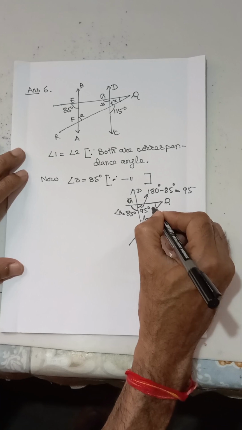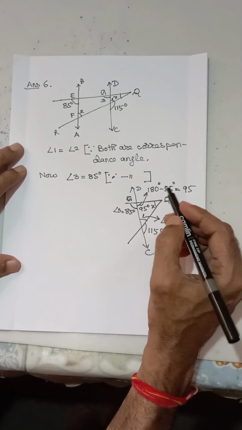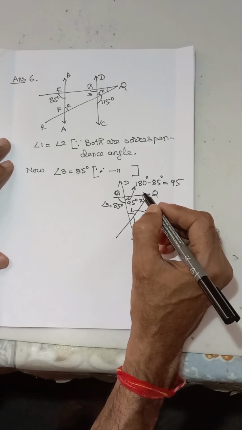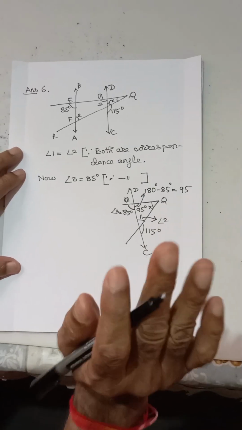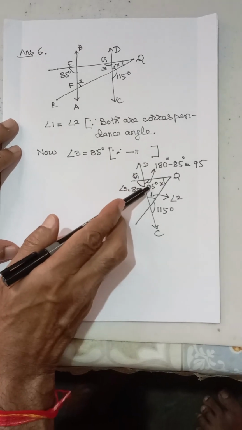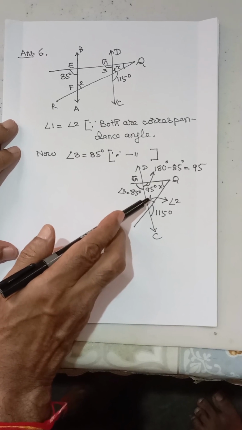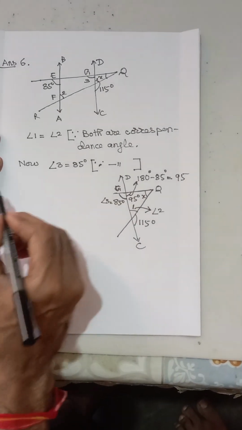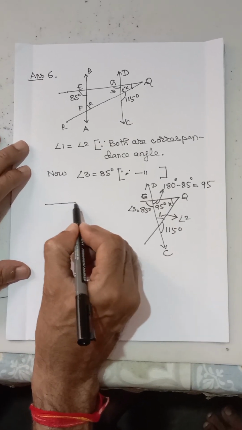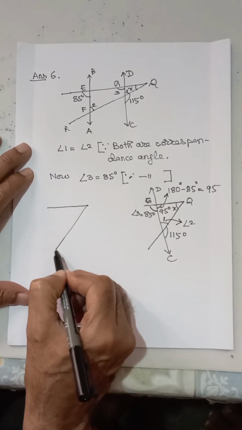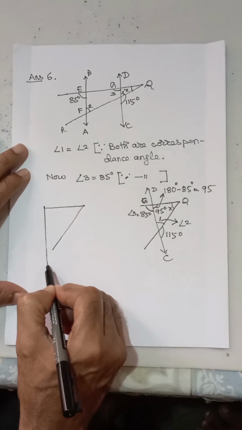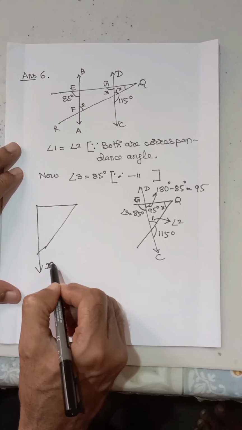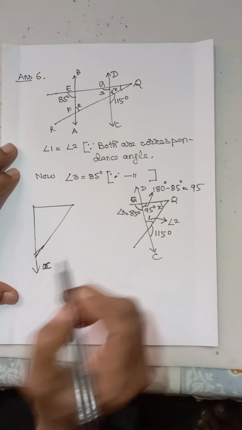And this angle was X. This angle is 95 degree, this angle is angle 1, this angle is 115 degree, and we have to obtain X. Now let us construct this triangle here.